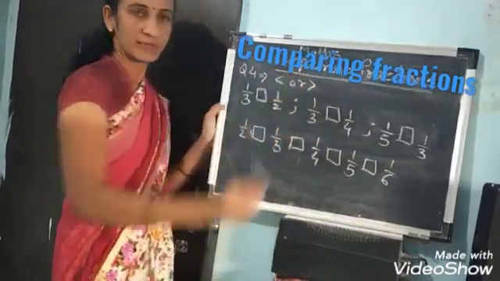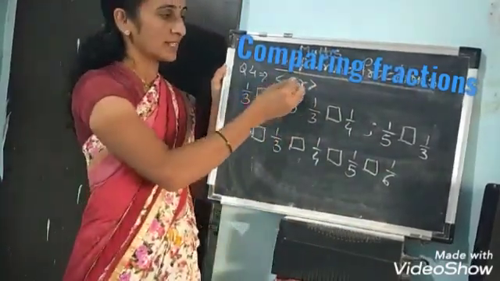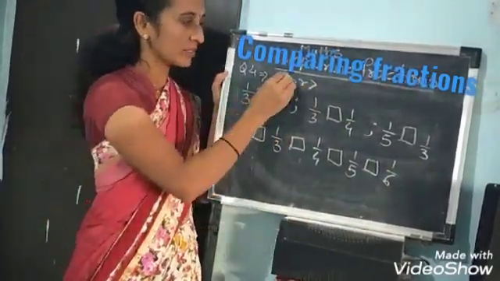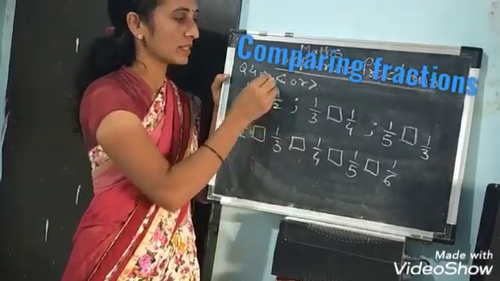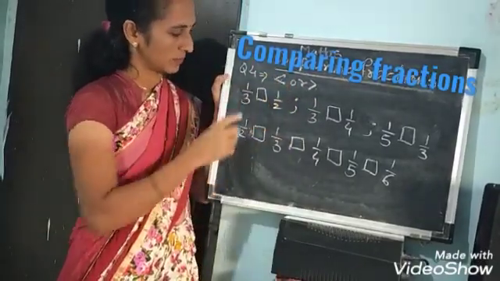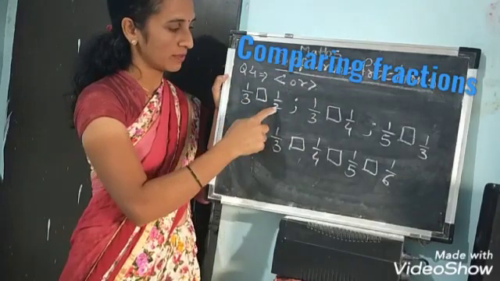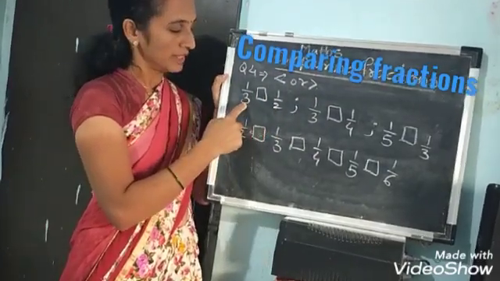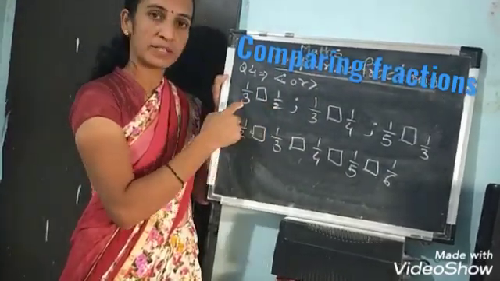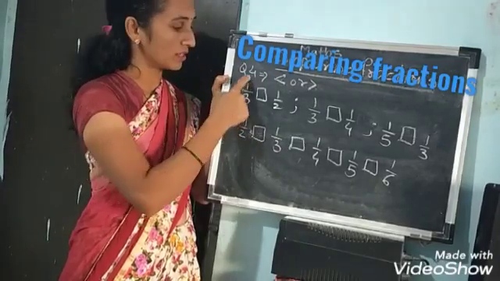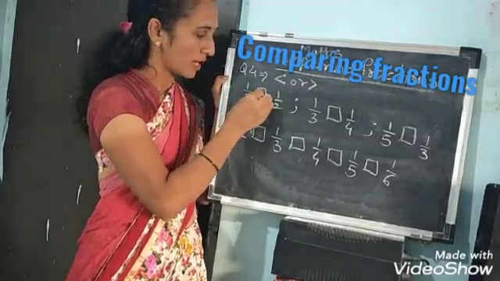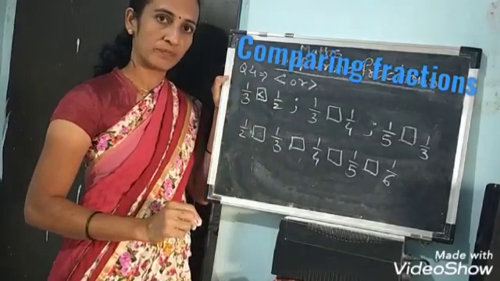You have to use these symbols. I have told you the trick for these symbols: these two ends point towards the bigger number, this one end points towards the smaller number. See, 1 upon 3, 1 upon 2. 3 is bigger than 2, but this is the smaller fraction. So you have to use this symbol.